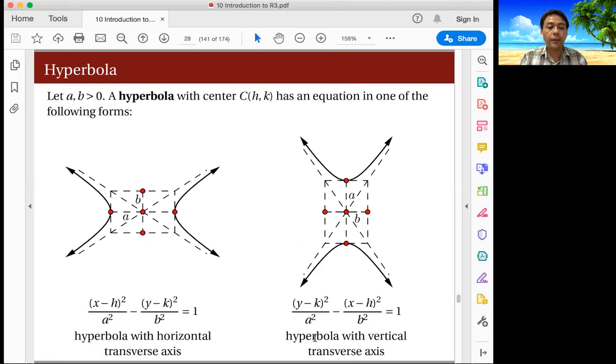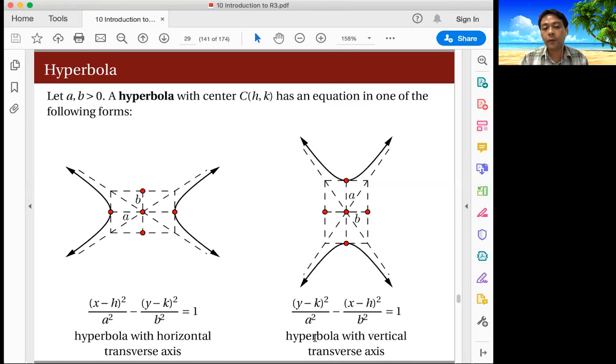So firstly, in a hyperbola, you have a minus. In an ellipse, you have a plus. So if the positive coefficient is with the x term and the negative coefficient is with the y term, then the hyperbola is oriented horizontally and we get a horizontal transverse axis.